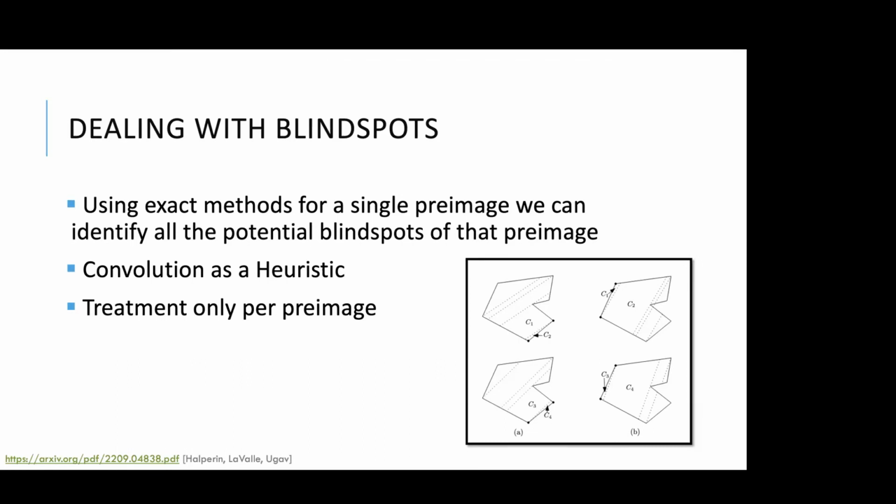Let's recall Barak's and Danny's and Steve's work. What they do for the exact computation of the preimage is this kind of rotational decomposition, right? They fix some theta of the robot, and then cast rays from each vertex of the room to get the decomposition of the room into trapezoids. Then they show how the structure of trapezoids changes as you rotate that theta.